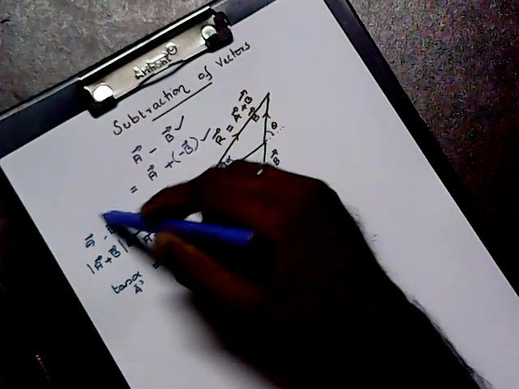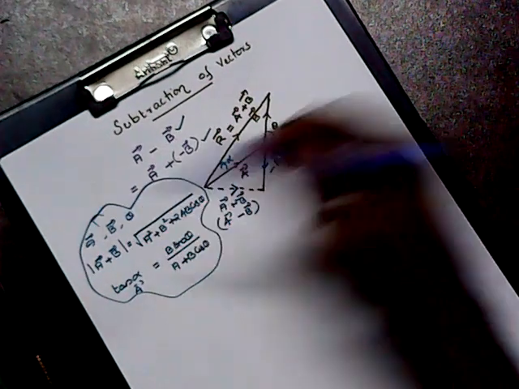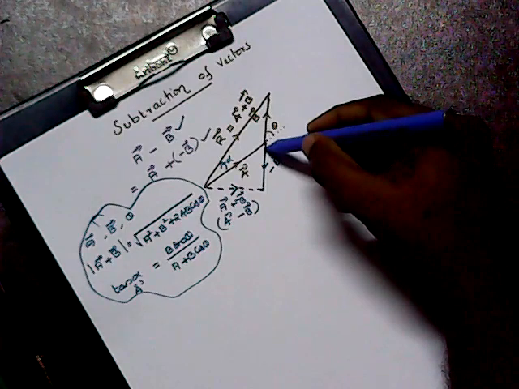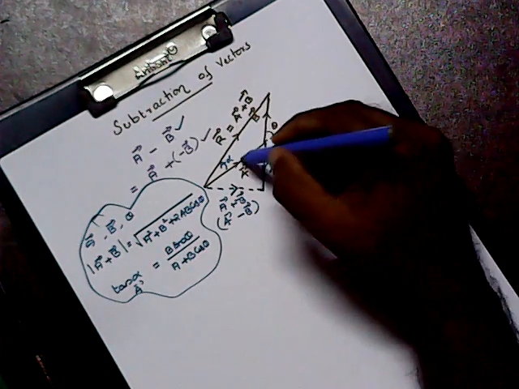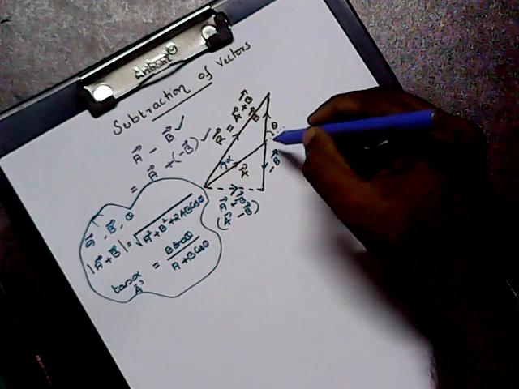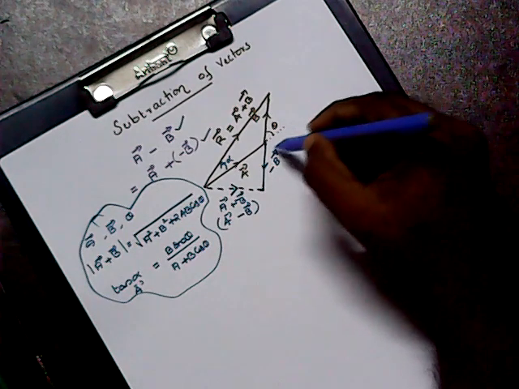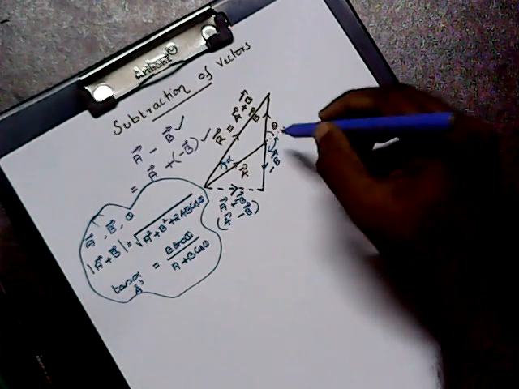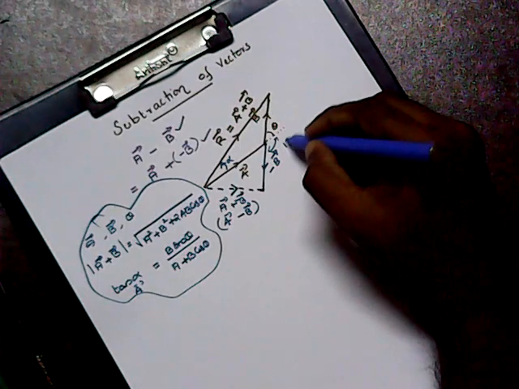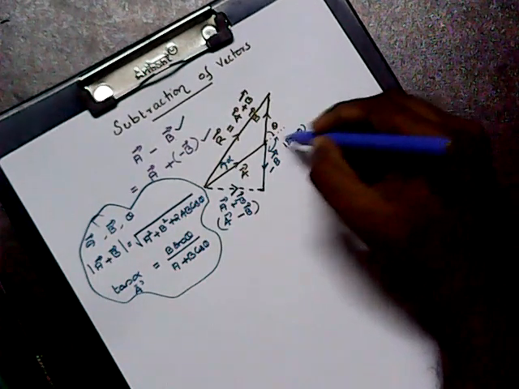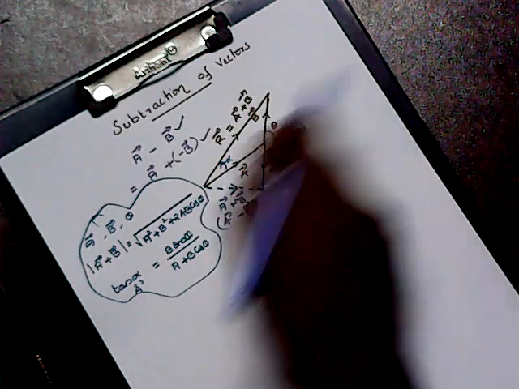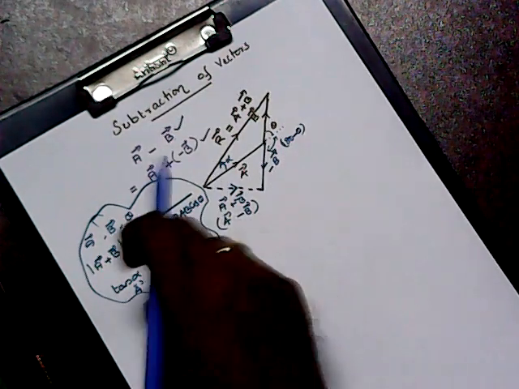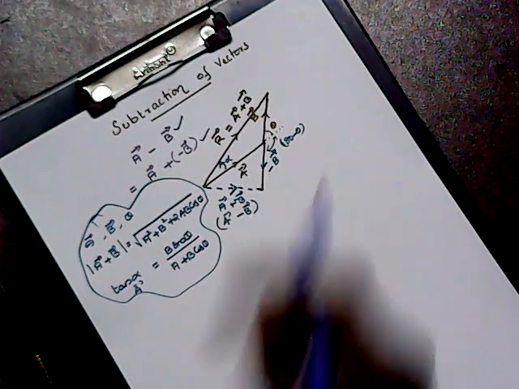With respect to the addition process, the only change is in the direction of b. That means the angle theta that a and b make in the initial case is changed into this angle. What is this angle? This is 180 minus theta. So we put 180 minus theta in place of theta, then you get the value of modulus of a minus b.